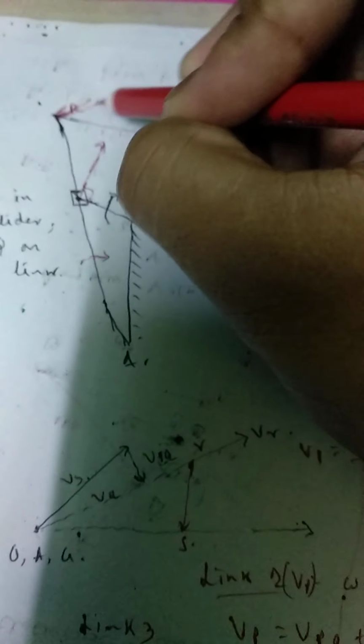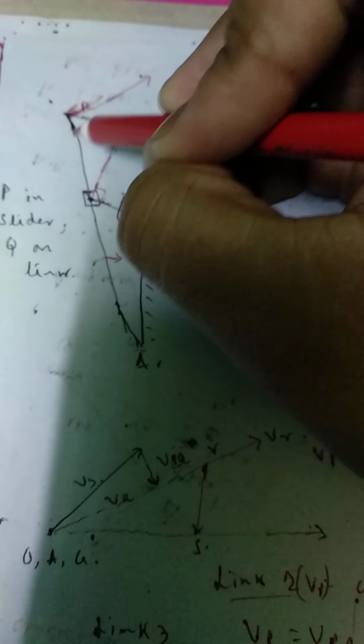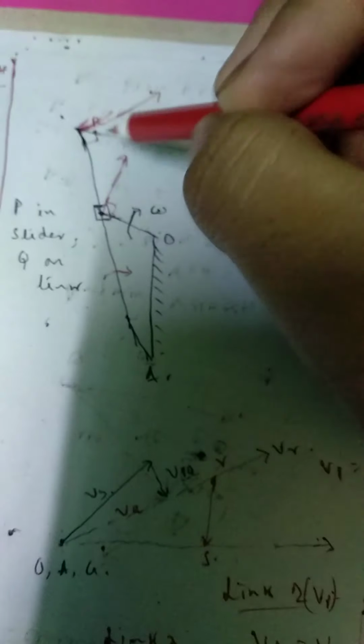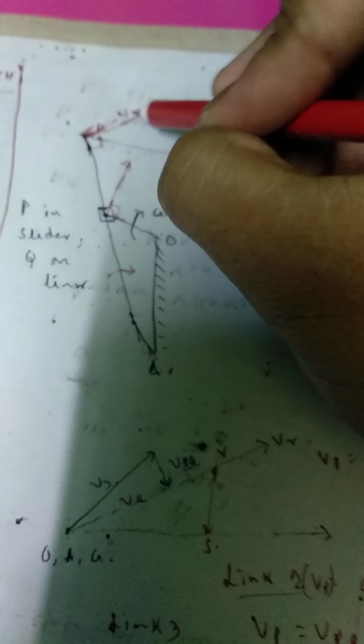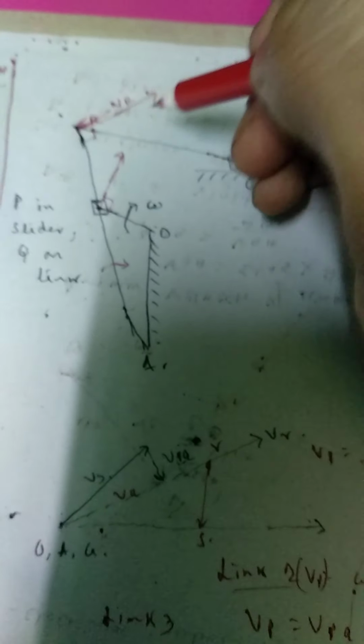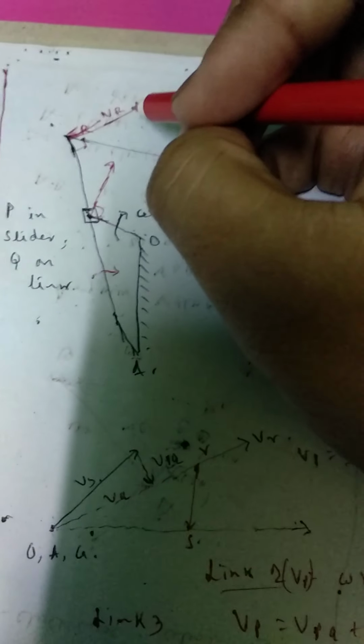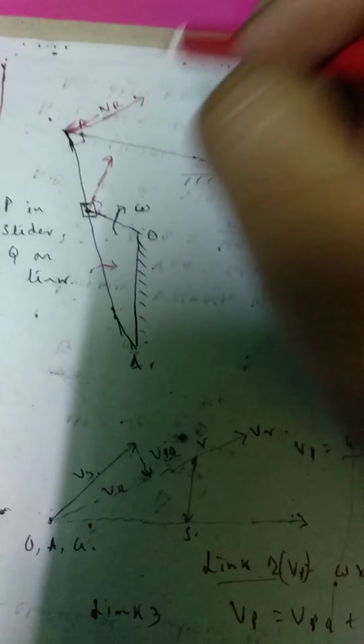It will be in this direction, perpendicular to this fixed link RA. So VR will be in this direction. So we will draw this. It will be parallel to this VR. This will be like this. But again we don't know its magnitude, VR.